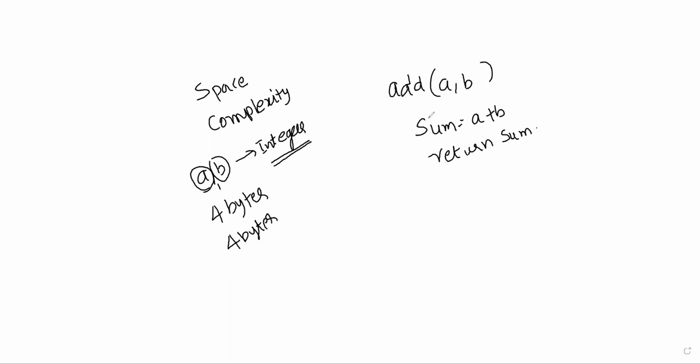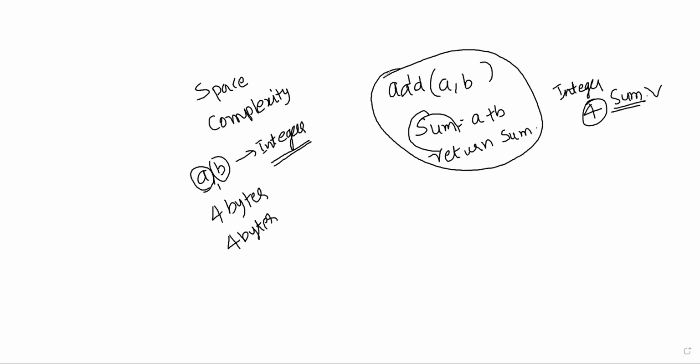The sum is also an integer type. So how many bytes is this sum going to take? 4 bytes. Then return sum. So how many total bytes is this add function using?